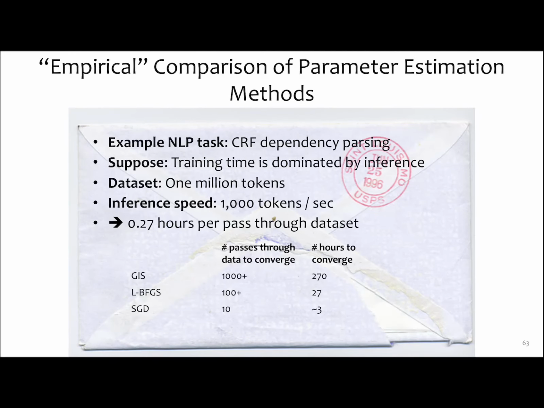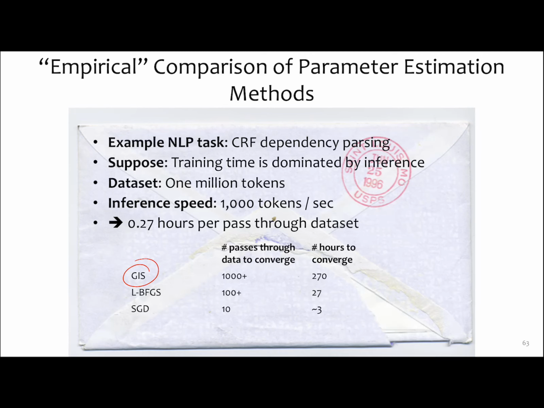So in reality, doing stochastic gradient descent does just fine. Here's an example: using the GIS algorithm, you have to go over more than 1,000 runs over the entire data. It takes 270 hours. Stochastic gradient descent does just fine.